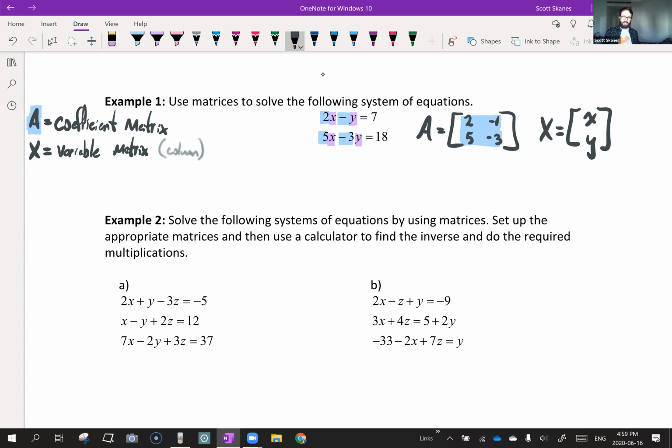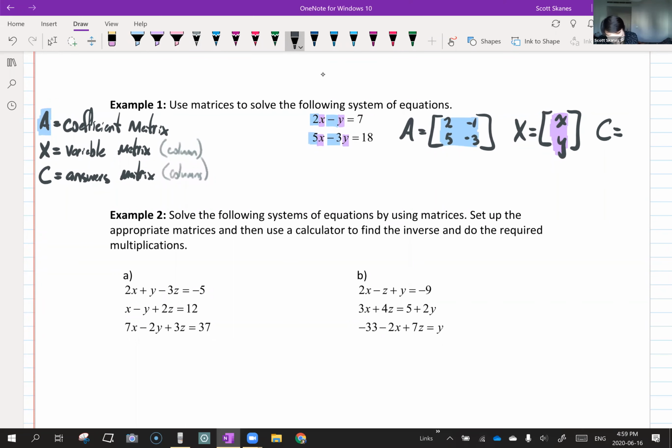Our matrix X, big X, is made up of all of our variables, in this case, x and y. So you just steal your variables from the question. Finally, we have what I call the answers matrix. I can't even remember what the real name is, but it's our answers, or our constants, also a column. It should be called our constants, but it's okay.